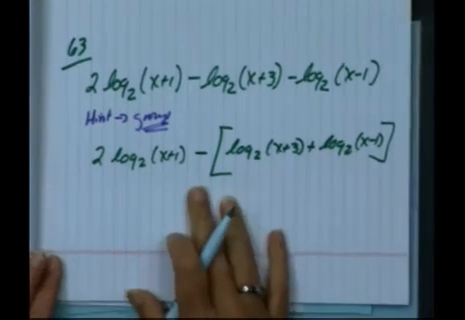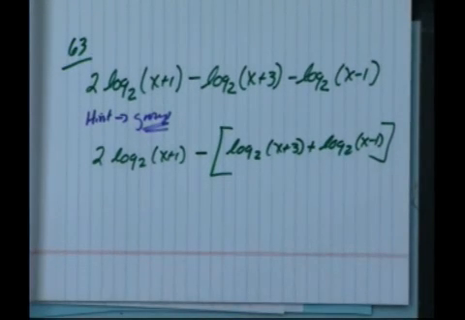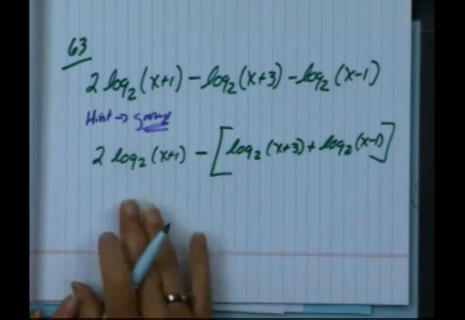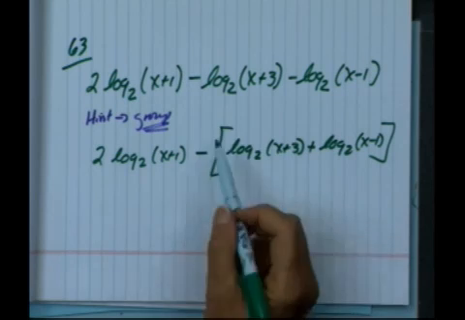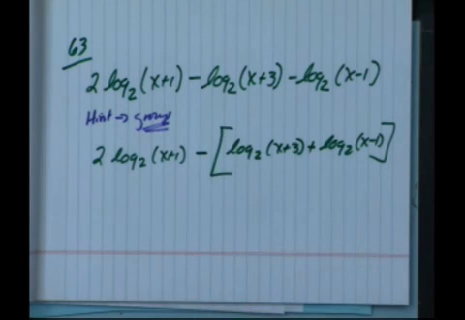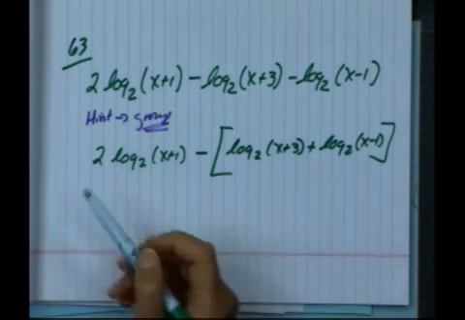This is what I mean by grouping. Get all your negatives grouped together and all your positives grouped together. You don't have to do it this way, but it's going to save you a step, and it's also going to save you a headache. If you have divided by, it gets to be a mess.